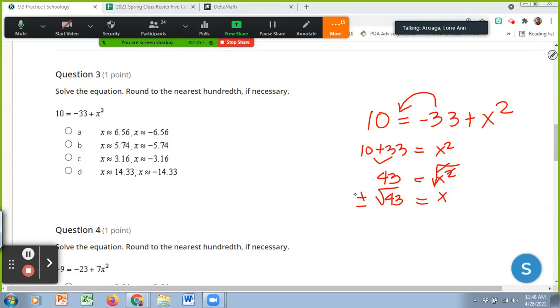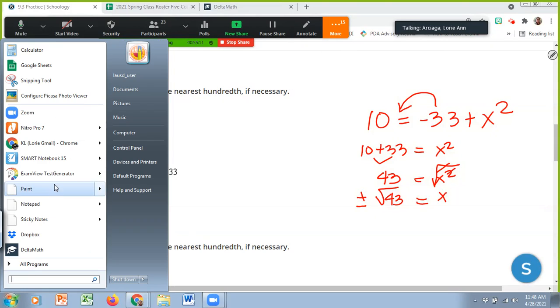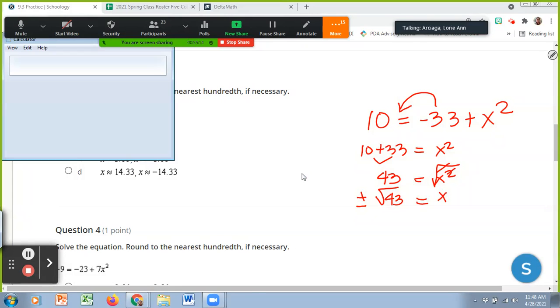Okay, so who has a calculator? I know you're trying it out. Give me the answer when you have it. Square root of 43. Anybody? What's the answer? How do you do it? Calculator.